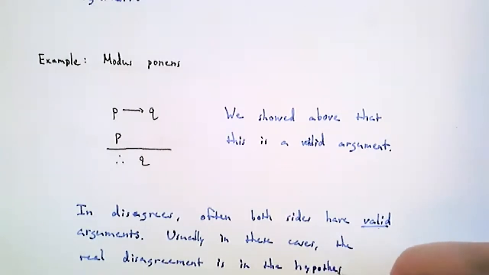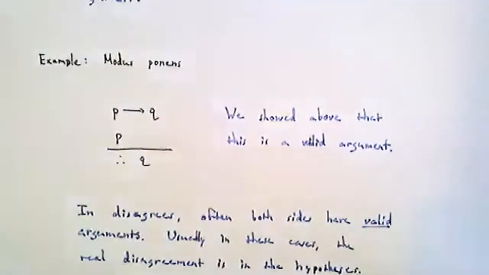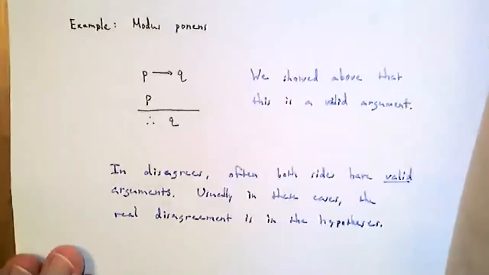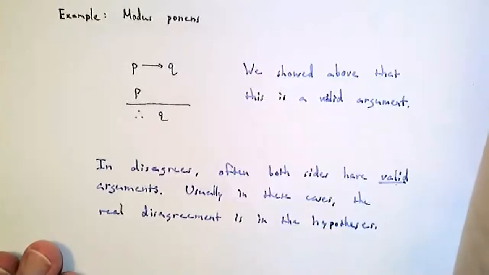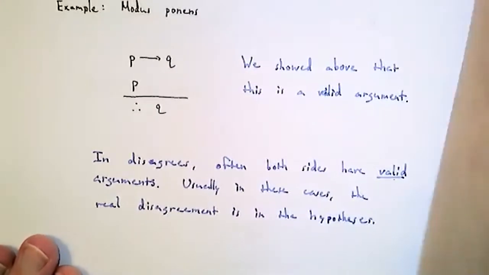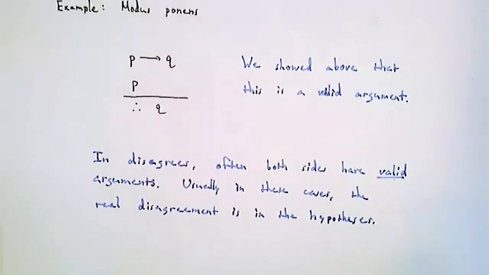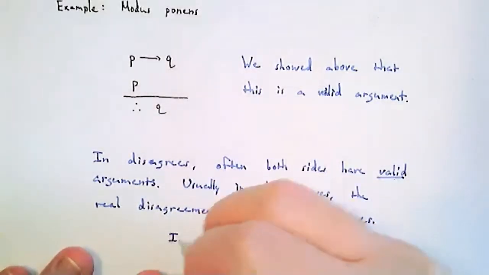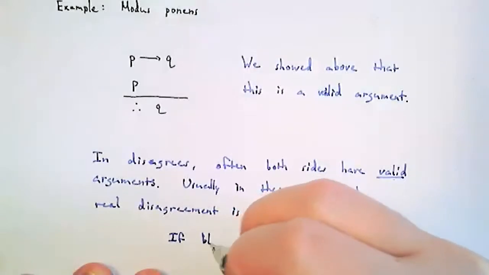Because you can make really totally nonsense arguments that are totally valid. We can just use this particular structure and put in nonsense words. So if blurg, then blarg.